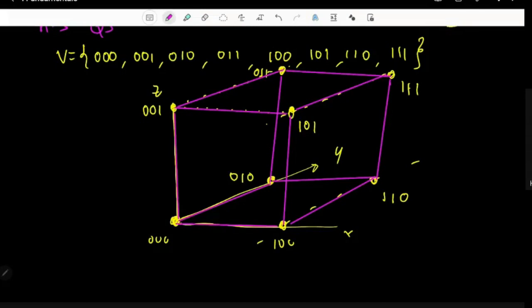Now, this is the reason why this is called an n-cube. This is a 3-cube actually. Can you imagine the cube? Oh, there's a cube. So actually, these are the cube formed by the coordinates 0, 0, 0, 0, 1, 0, and so on.